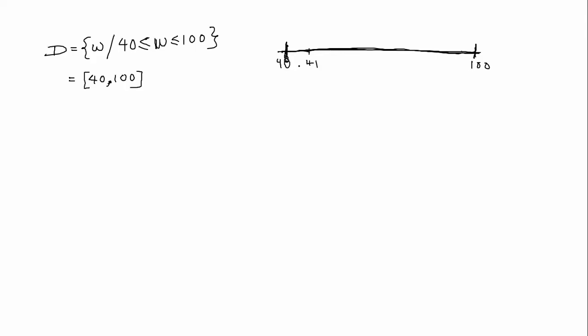Between 40 and 40.1 there is 40.01, but any one of you will be able to tell me thousands of real numbers between 40 and 40.01. So ultimately, you cannot tell the next real number after 40. That is the problem. And thus, this is an uncountable set.